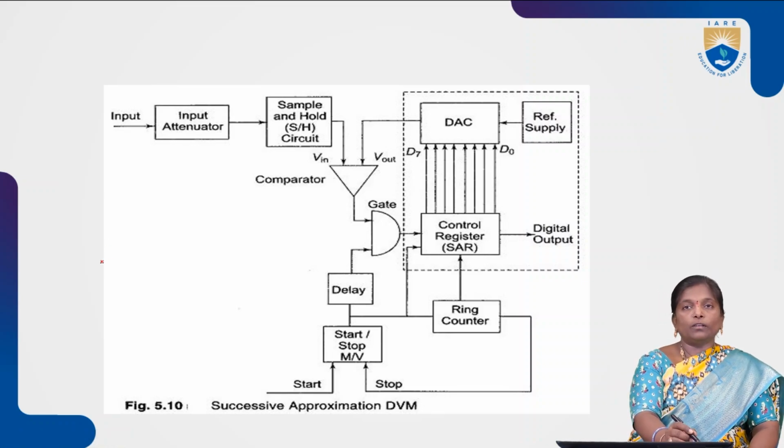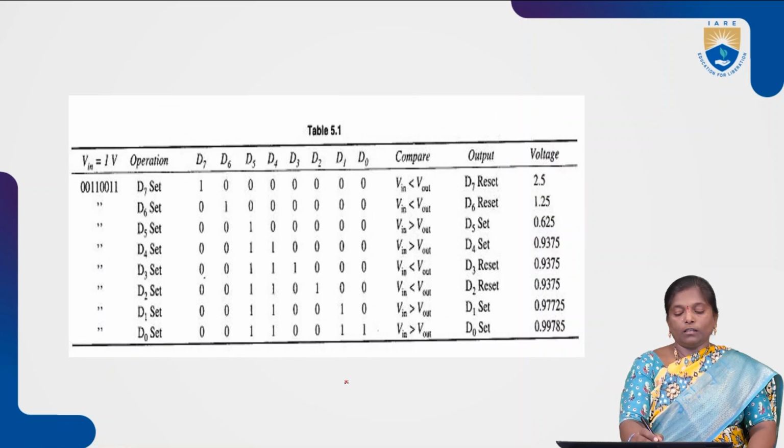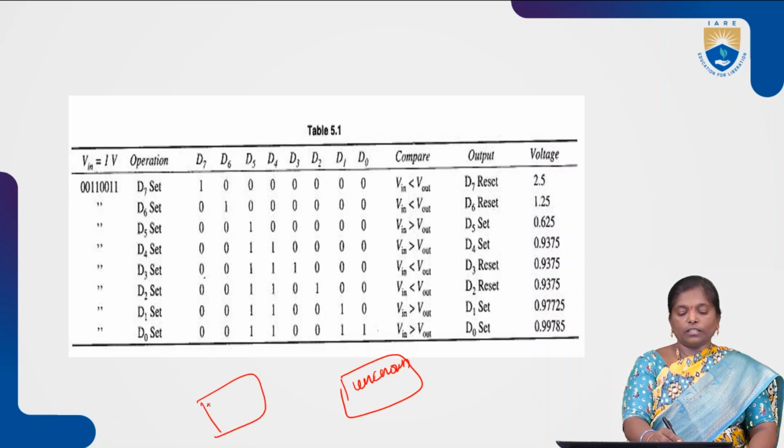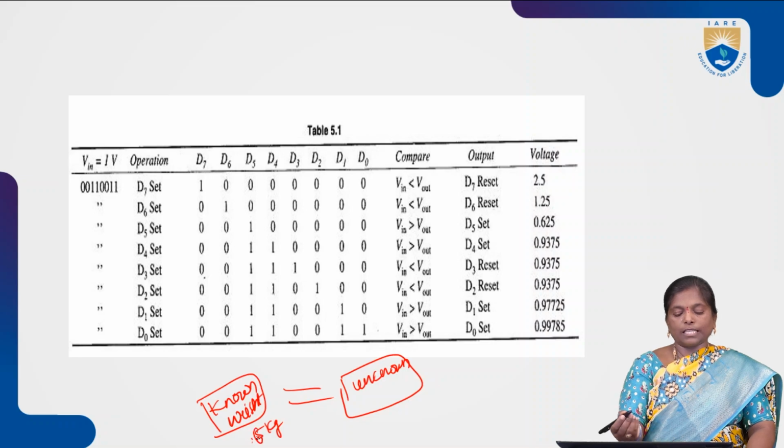For example, if we have an unknown weight, this is the unknown weight and this is the known weight. The known weight is assumed to be 5 kgs. Whenever we compare the unknown weight with the known weight, if the unknown weight is greater than the known weight, we have to increase the known weight to some 6 kgs.